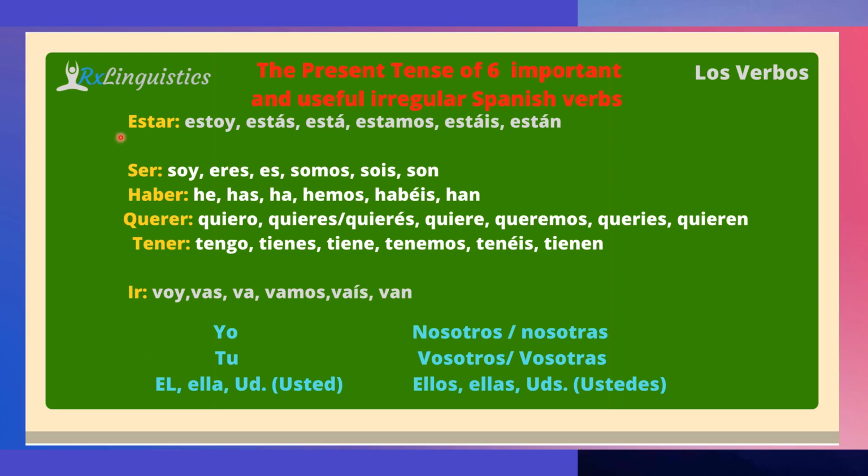So there are three main conjugations known as primera conjugación, segunda conjugación, y tercera conjugación. Okay? But these are irregular verbs. So the stem, you'll see the stem change.